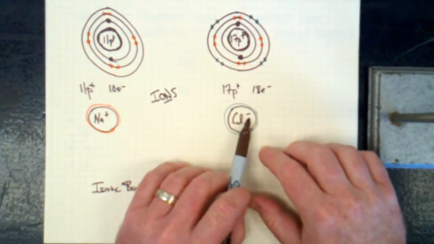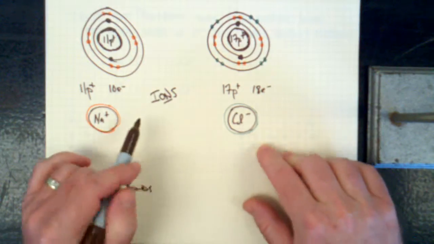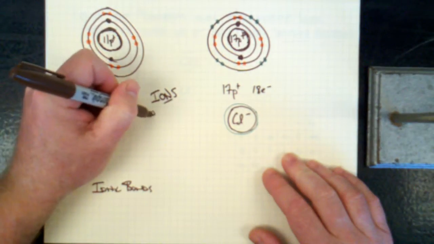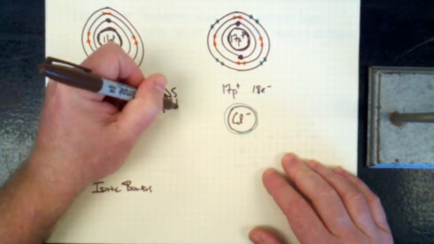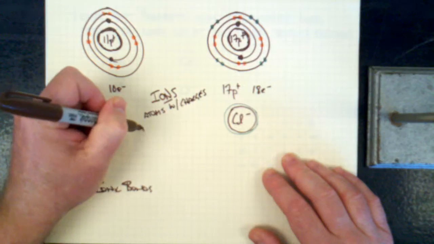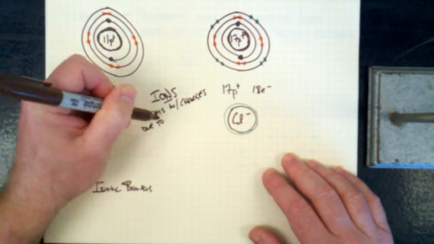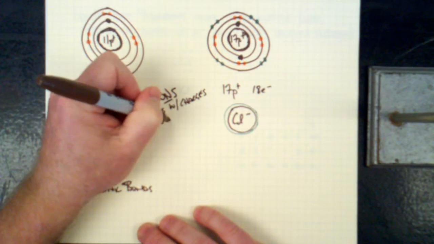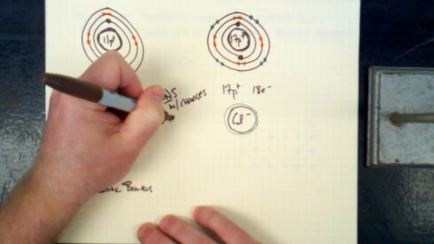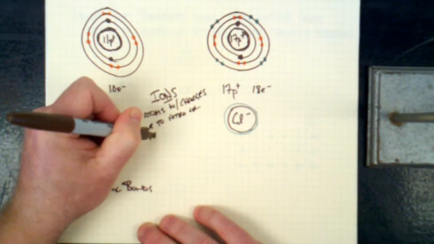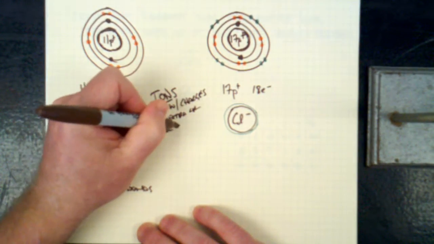So that makes it negative. And these are what we call ions. Ions are atoms with charges due to extra or fewer electrons.